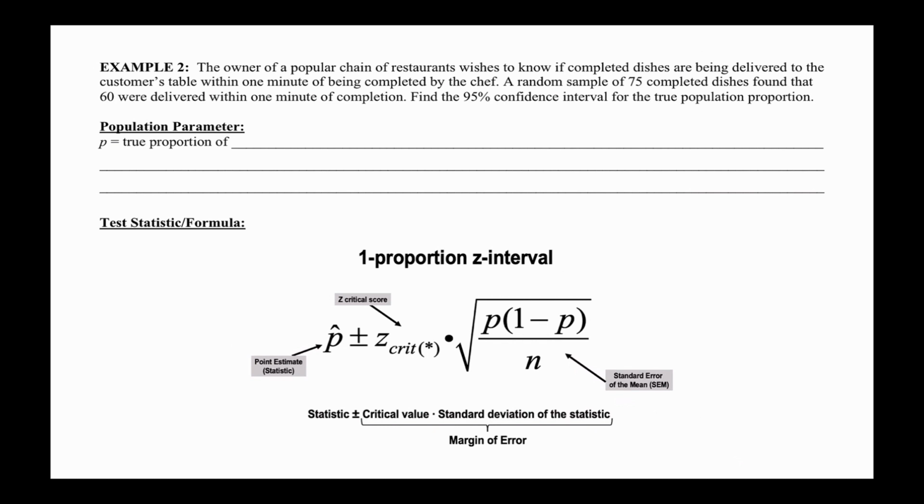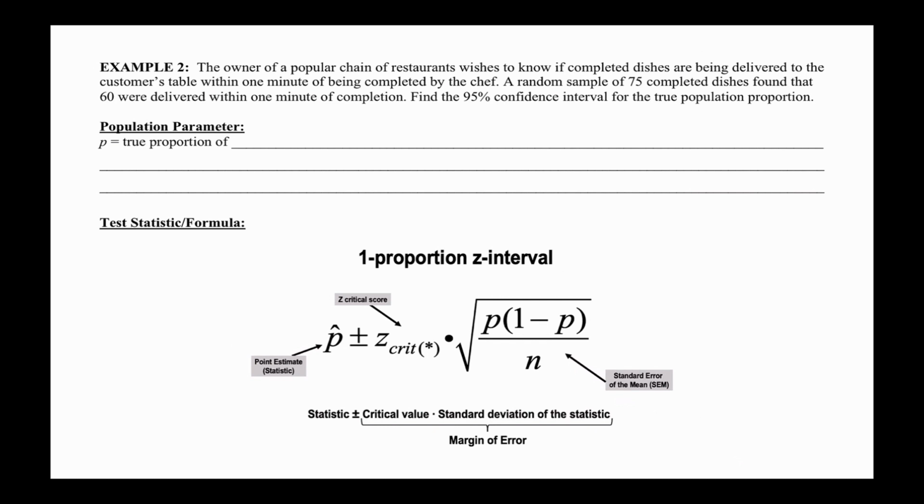So he wants to know what percent are getting there within 1 minute of the chef being done with it, to it getting to the customer's table. He took a random sample and found that out of 75 completed dishes, 60 of them were indeed there within a minute.